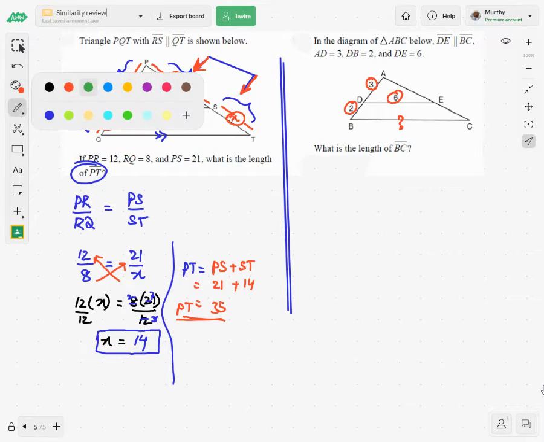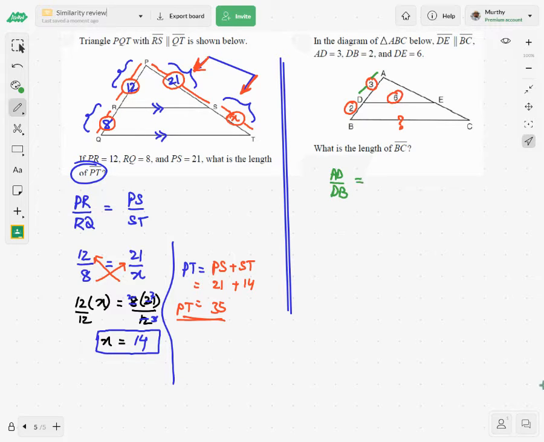Then can I take the same way like the previous one, AD over DB equals DE over BC? The answer is no, you cannot take. This is the wrong proportionality. This is not the correct one.